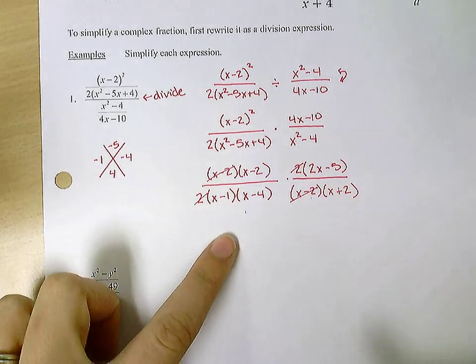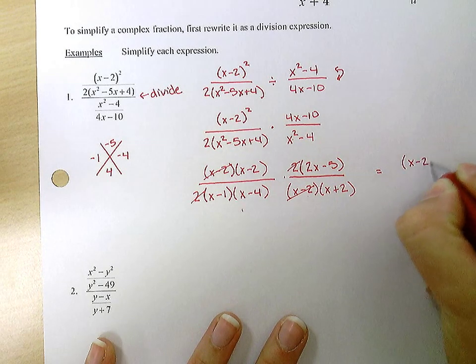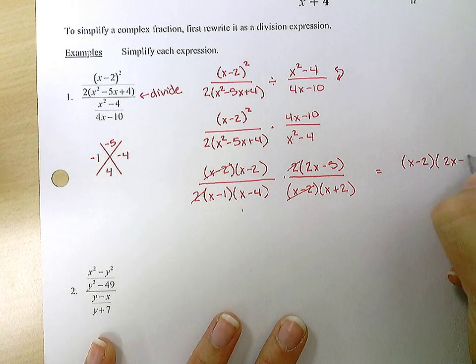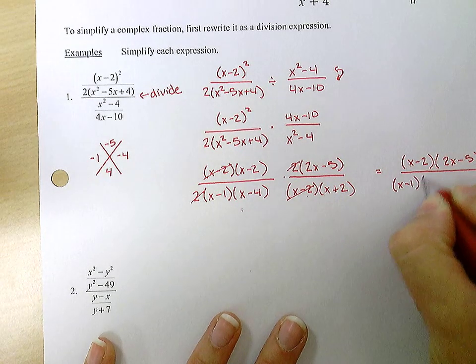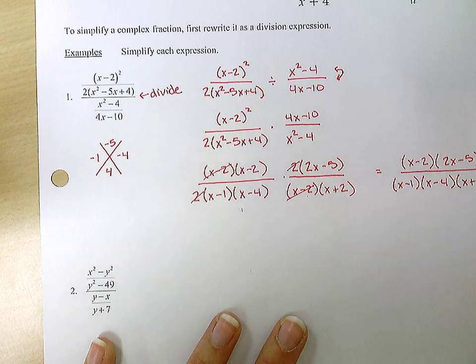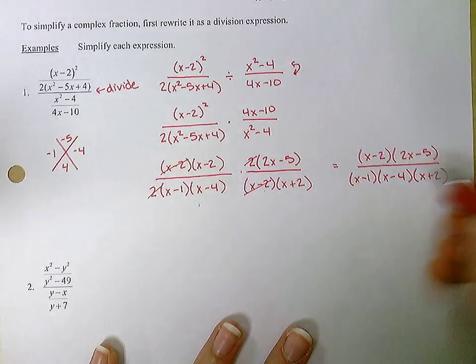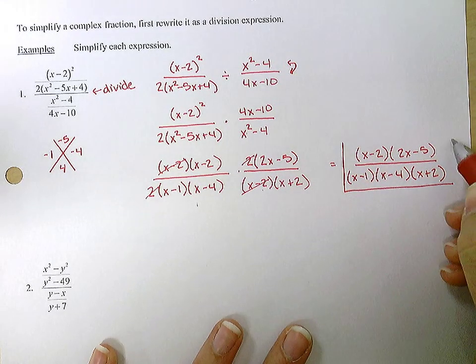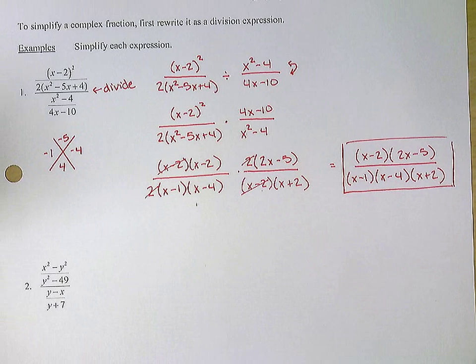I don't have anything else in common, so I would just rewrite this as (x minus 2) times (2x minus 5) over (x minus 1) times (x minus 4) times (x plus 2). That would be your final answer. Don't try and FOIL anything out, just leave it as it is.